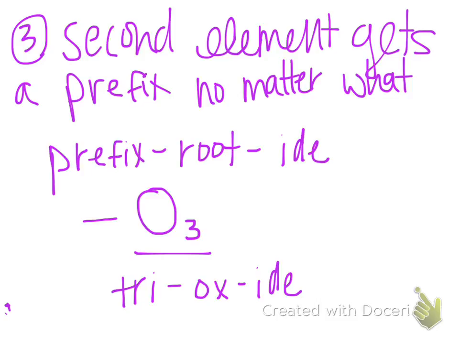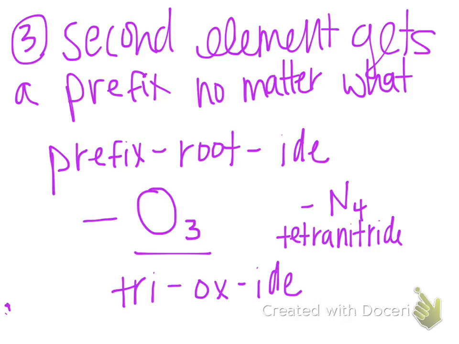And if our end looked like this, what would we call it? Tetranitride. Nitrogen's, again, not usually one of our last elements, but it could be. So it goes prefix, then the root of the word, then it ends in IDE.